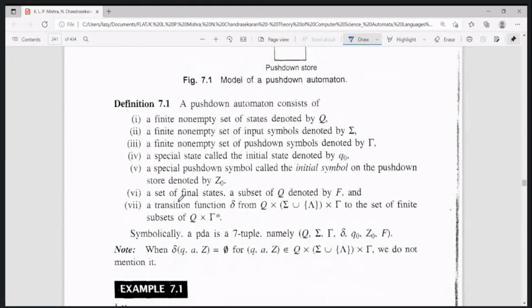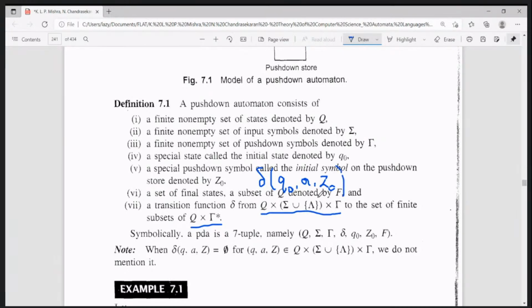So this transition function must be clear to you. What we are doing is that we are considering, let me write one, q naught comma, let's suppose we're taking an input alphabet A and the top of the stack is Z naught.